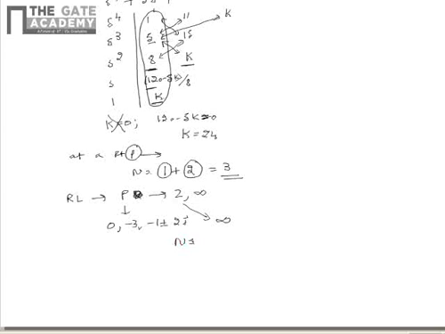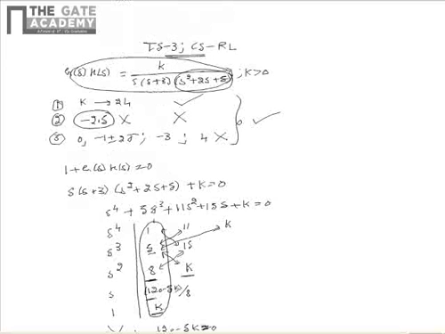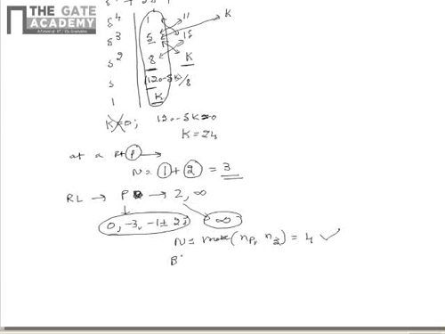And also we know that the number of root locus branches is equal to maximum of number of open loop poles, number of open loop zeros, which upon simplification becomes 4. So from this we can say that the root locus starts from these 4 points and ends at infinity, and the number of root locus branches is 4. So the statement 3 is also not correct. Hence the statement 1 is the only correct statement. Hence the correct option representing the correctness of the statements is B.